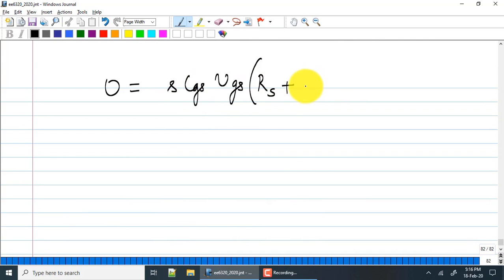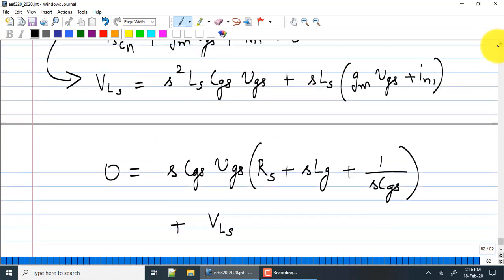RS plus SLG plus 1 over S CGS, plus of course VLS. Is this okay so far?